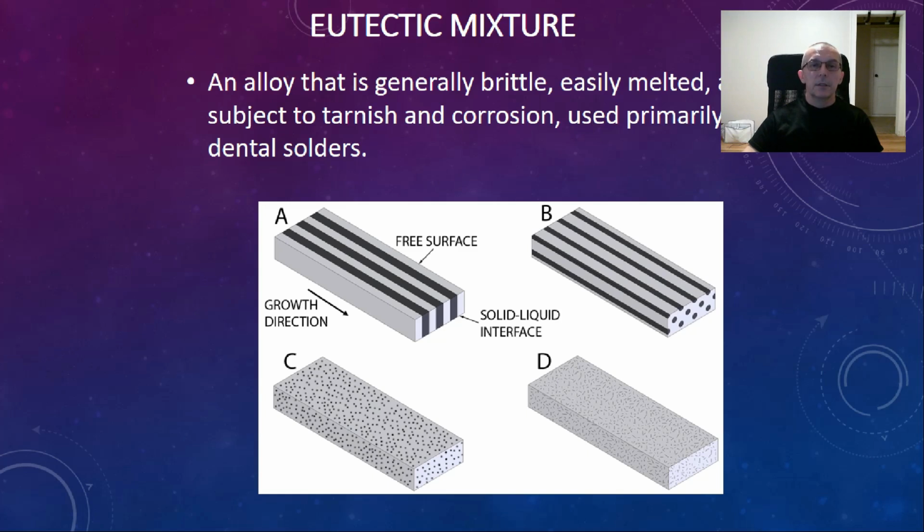And these are the little grains that are in there. They're generally brittle, easily melted, and subject to tarnish and corrosion. Used primarily in solders. And these metals, like I said before, they flow very easily, which is what we're looking for in a solder, because it has to flow right in between the little gaps that we need to join together.